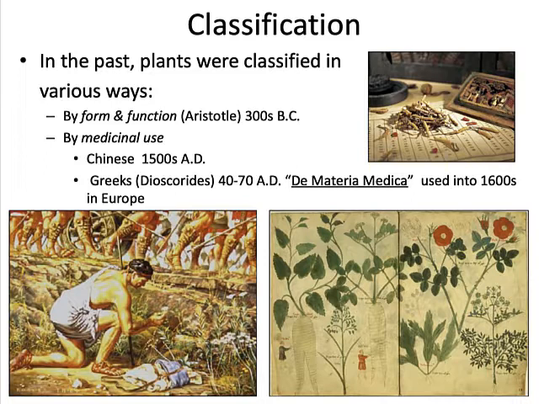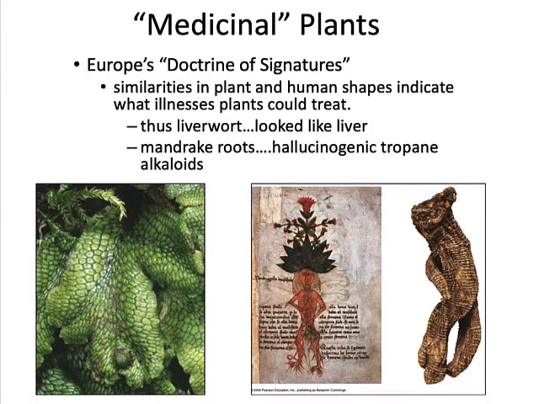Particularly the Chinese and the Greeks did a lot of work around classifying what these plants could be used for. One oddity from this time is Europe's doctrine of signatures, in which people thought that there were similarities in plant and human shapes that indicate what illnesses plants could treat.